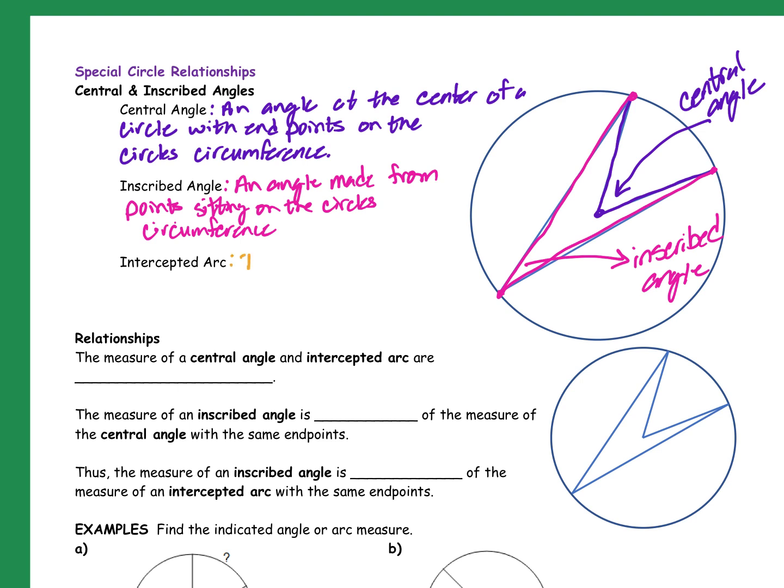It's the part of the circle formed when a line or lines cut across it.